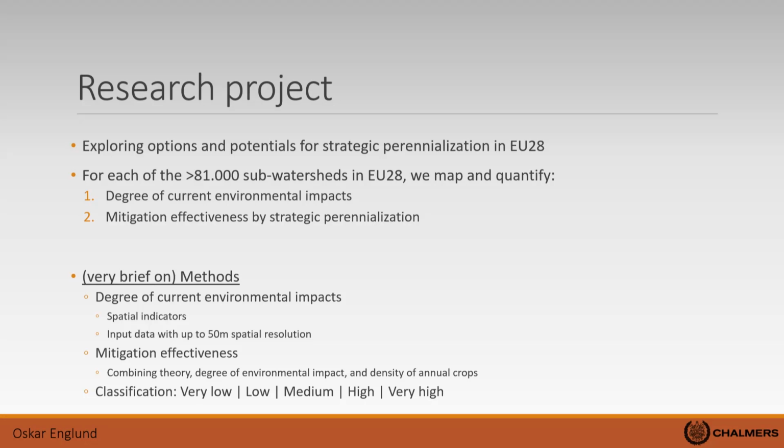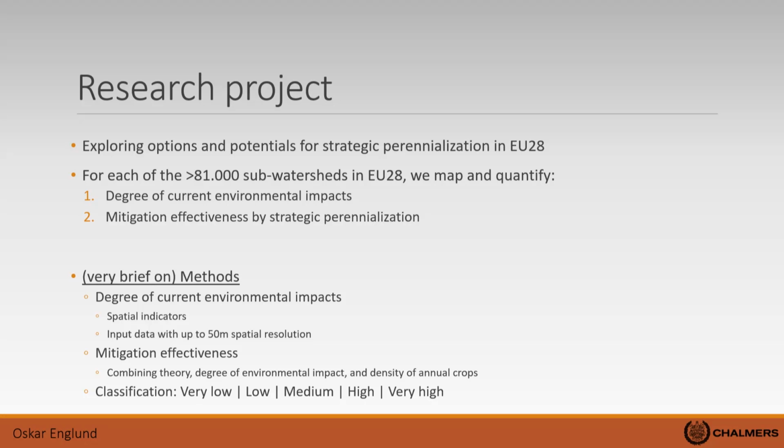So we look at each of the about 81,000 sub-watersheds that we have in Europe and try to map and quantify the degree of different environmental impacts in these individual watersheds, and how effective it would be to strategically introduce perennials in these watersheds to mitigate these impacts.